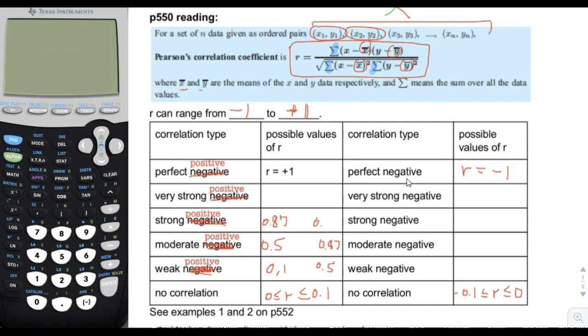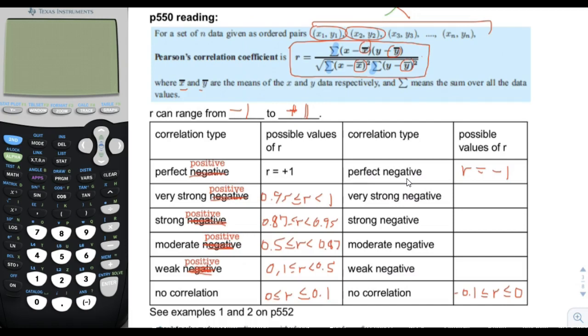So you may have to memorize these for the IB exam, but there's no problem if you forget immediately afterwards, because you may go to a different school or take a different course and it's going to be different. Okay, you're just going to have a general idea of it.